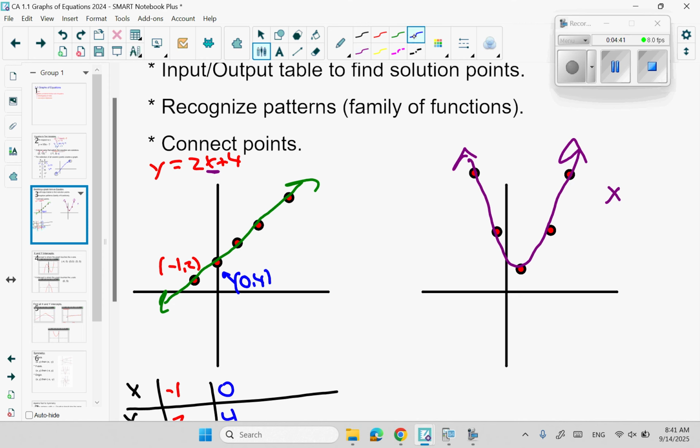Now, we're not going to talk about transformations a lot, but I could see that normally y equals x squared looks like this from the origin, but my vertex is not at the origin, it's right there. So I could see that I have somehow shifted to the right a little bit and up a little bit. So the equation would probably look something like this.